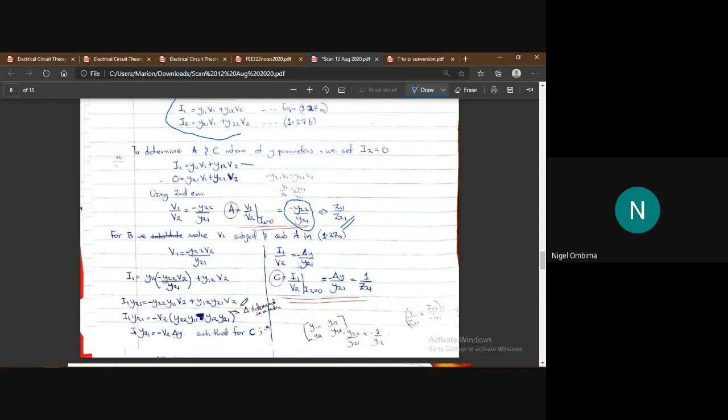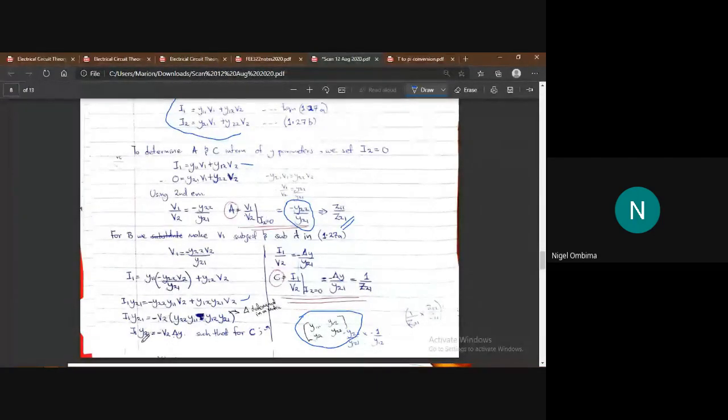Y11 V2 plus Y11 Y12 Y21 V2. So if you factor out V2, you notice there is Y22 Y11 minus Y12 Y21. And if you remember from matrices, this is just the determinant of Y. I wrote it down here because it is Y22 times Y11 minus Y21 times Y12.